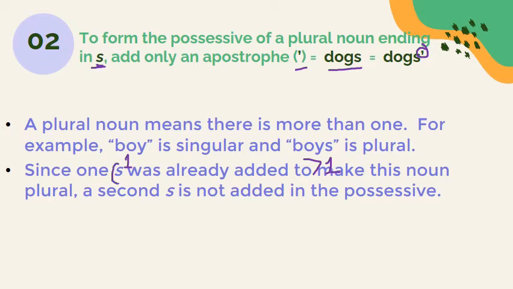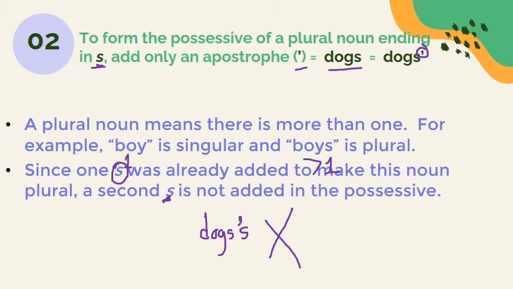Since one s was already added to make this noun a plural, we do not add another s. I cannot say, for example, dogs and then add another apostrophe s. It doesn't make any sense. It doesn't work like that. This is completely wrong.